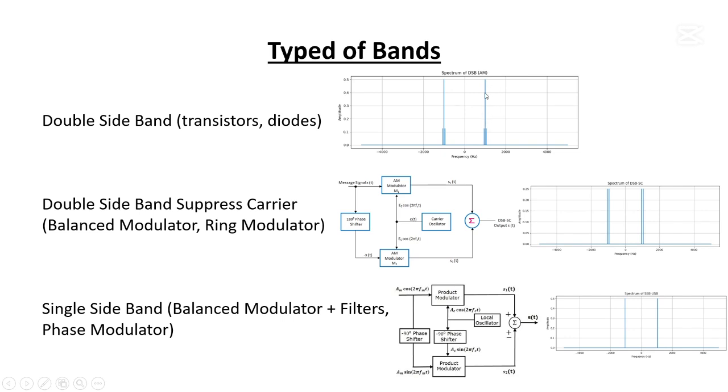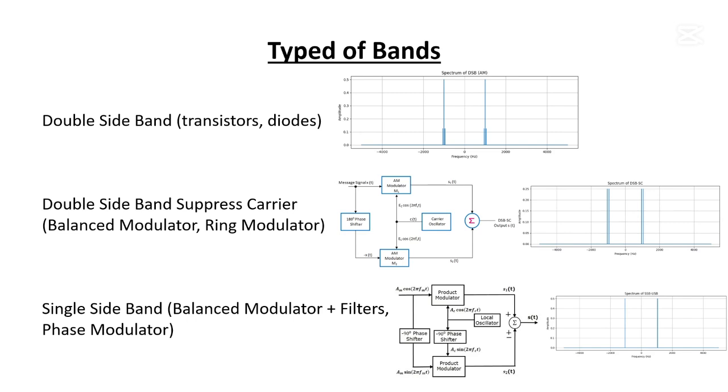So if we suppress this carrier signal, then this is the lower sideband, this is the upper sideband, and the carrier is suppressed. This is called the double sideband with suppressed carrier. If our modulated signal has the carrier suppressed and has the upper sideband and the lower sideband, then this is called a double sideband suppressed carrier.